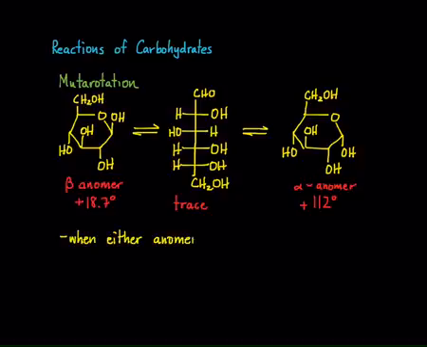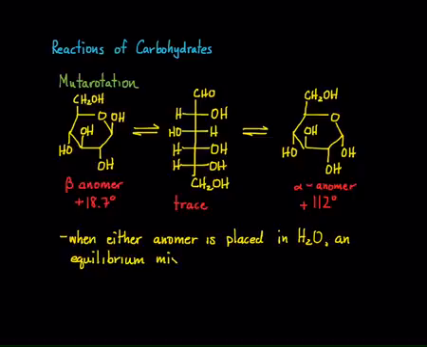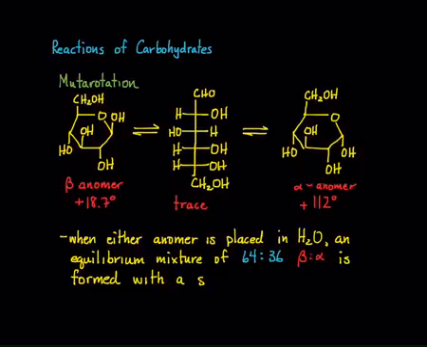Well, if I take pure beta anomer or pure alpha anomer and I place it in water, then an equilibrium mixture ensues. They equilibrate with one another, and I get roughly 64% beta anomer and 36% alpha anomer all the time. So that is the ratio that is established at equilibrium.